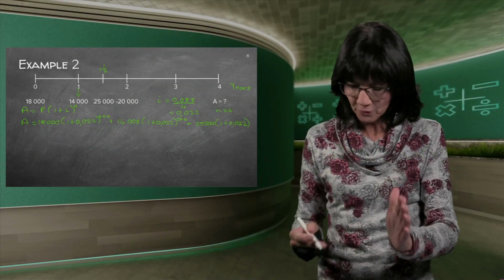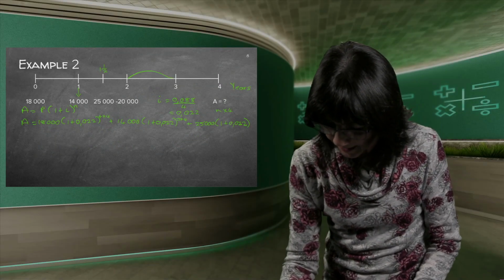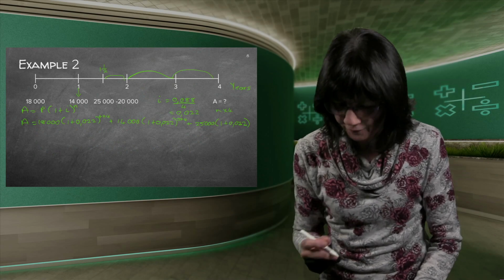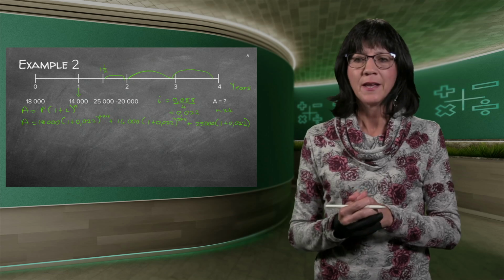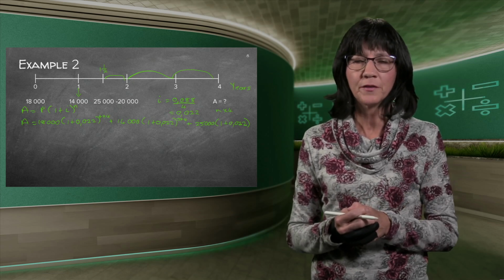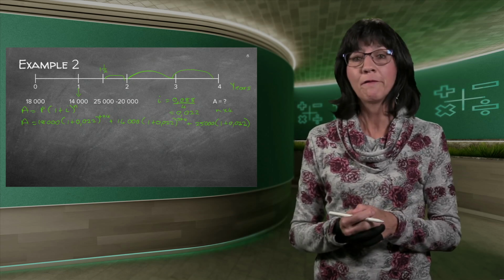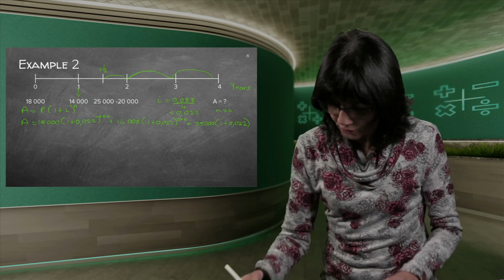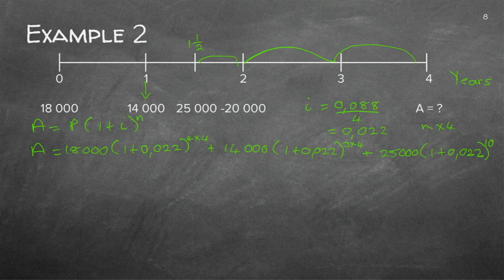From 1.5, you can actually count it here. 1 year, and a little half a year. So it's 2.5 years. Now, how many quarters are there in 2.5 years? If you multiply 2.5 by 4, what do you get? 10. Or you can just say 2.5 times 4, because every n needs to be multiplied by 4.